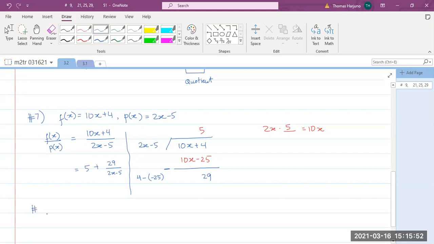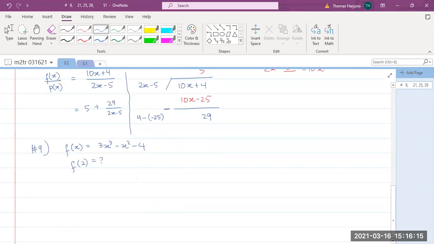Number 9. Use the remainder theorem to find F2. Fx equals 3x cubed minus x squared minus 4, and we want to find F2. Of course, we have learned from chapter 2 one way to find F2, the old way, is you replace x by 2.